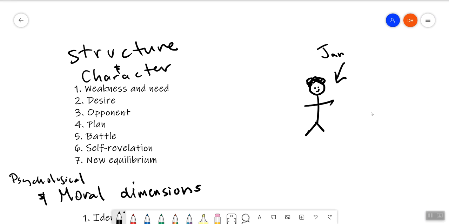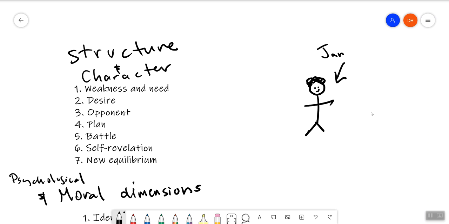Now, when we look at types of need, I want to distinguish between types of need for a moment. We all have physical needs, okay, food, sleep, water, etc. We don't really need those to be dimensions in the story. I mean, unless your character is stranded in a desert and water is very important.